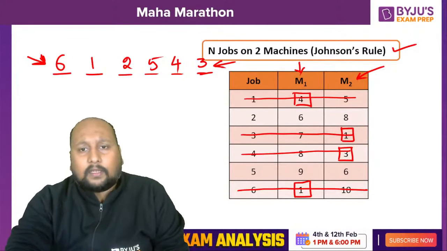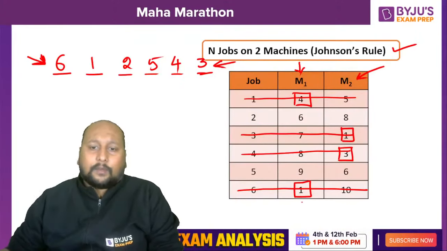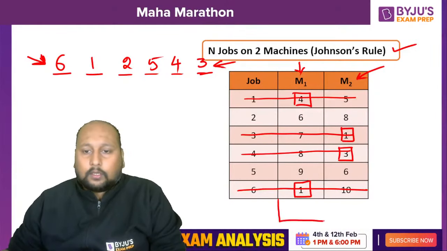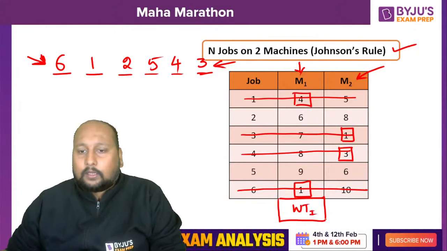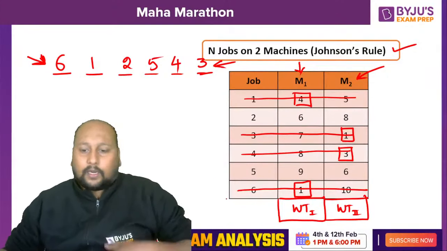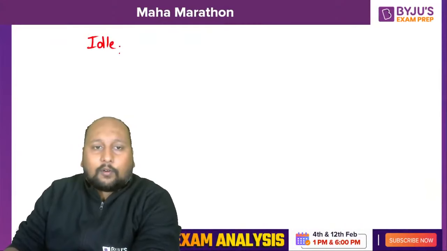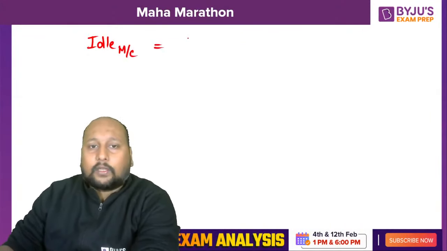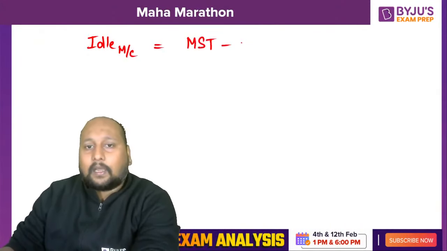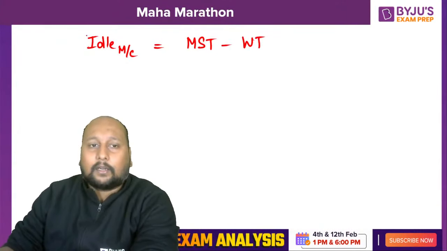After this you need to calculate, and the summation of this is your working time for machine number 1. The summation of this is working time for machine number 2. Okay, so I can calculate the idle time for any machine. The idle time for any machine is equal to the difference of the make span time minus the working time of that particular machine.